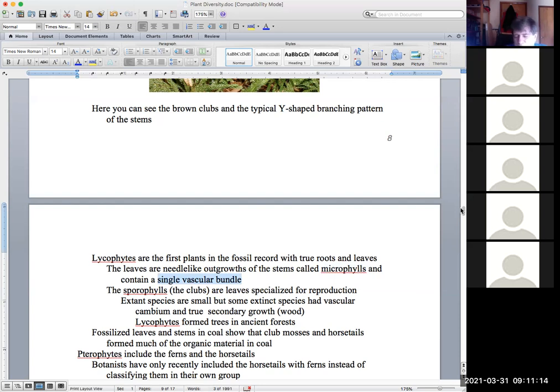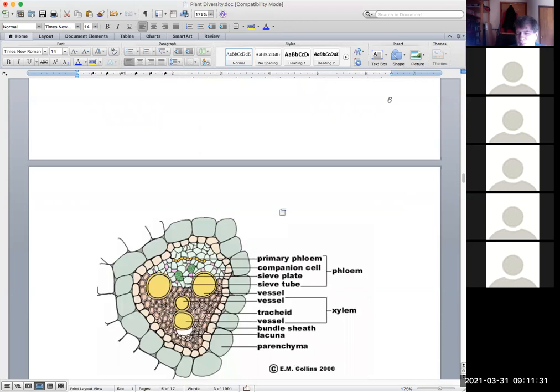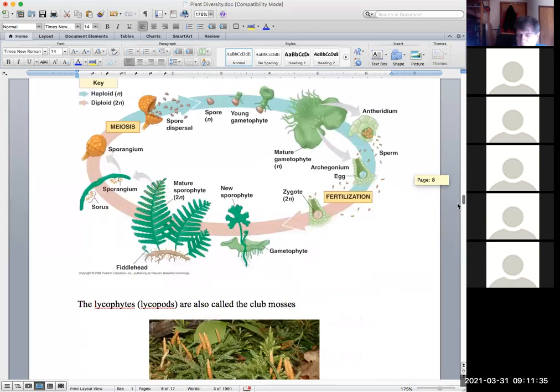Now, keep in mind later when we look at larger plants, think of grass that might be growing in your front yard, or a leaf on an oak tree or a maple tree. Those have numerous vascular bundles in them. So here, there's just one of these little clumps of xylem and phloem, just a single one.